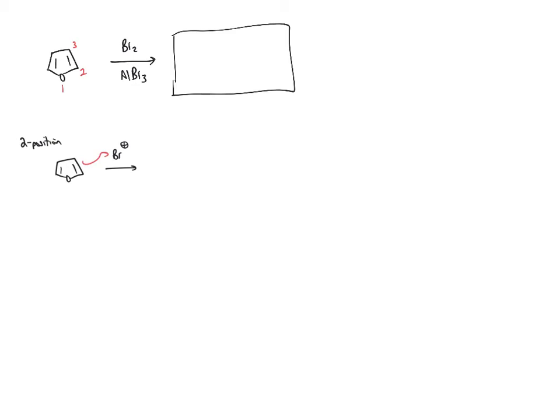I'm going to substitute at the 2 position, and so I'm going to get this resonance form. I can resonance delocalize to give me this one. And actually I can do it one more time by taking the lone pairs on oxygen.